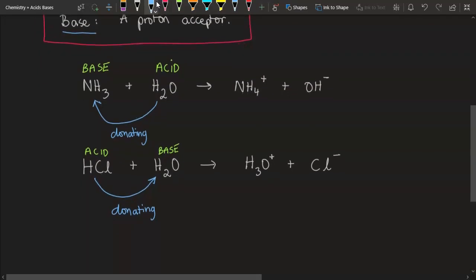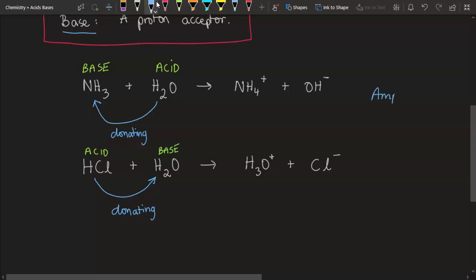Another thing you might have noticed here is your acid and your base in these two examples. In this particular one, water is acting as an acid, and in this particular one, water is acting as a base. And that's perfectly acceptable. Substances that can act as an acid and a base are called amphoteric.